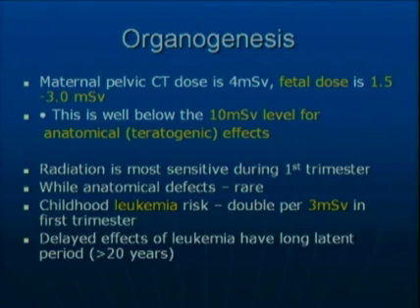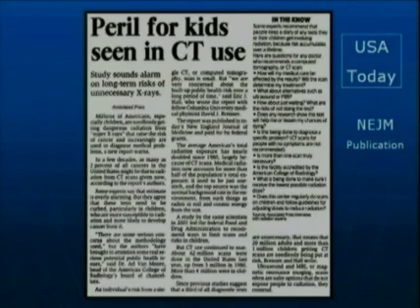Nobody really knows what that is because there is a latent effect of up to 20 years, but it is thought there's increased risk of leukemia in childhood from fetal or embryonic dose due to CT. As such, we want to limit that.